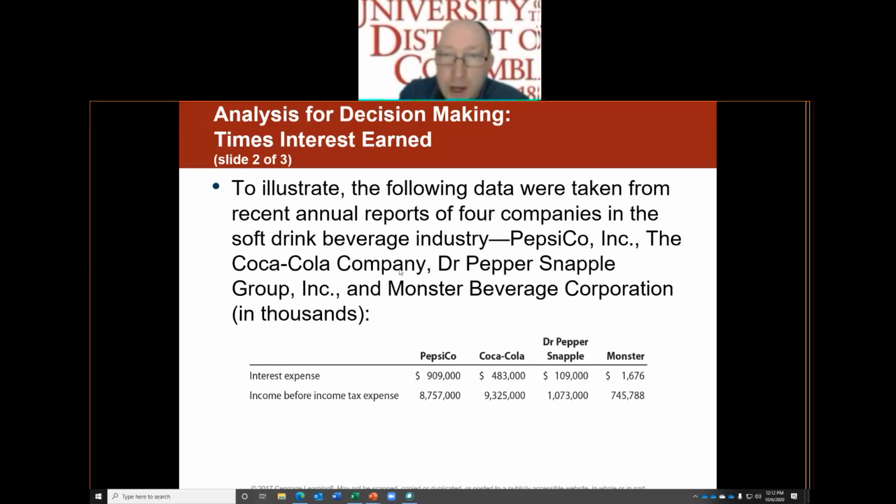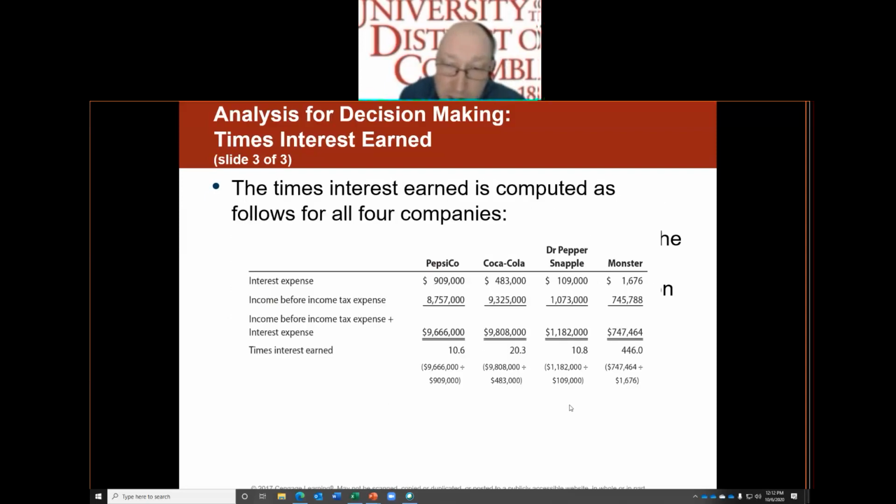Here's an example from Pepsi and Coca-Cola. So this is an interesting example. It shows the respective companies' interest expense and their income before income tax expense.